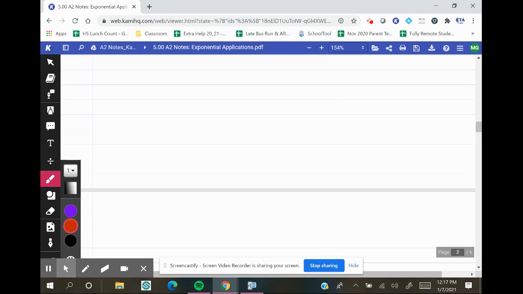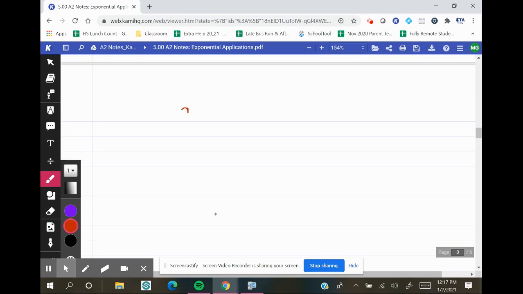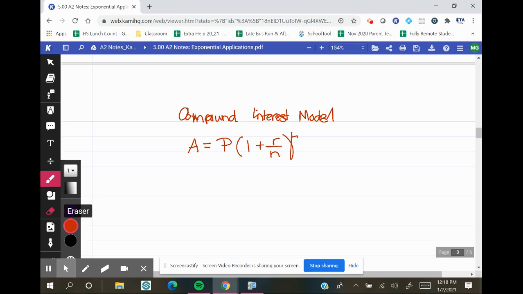All right, the next one is compound interest. These ones will be a little bit new for you. So this formula is a much harder one to memorize, but you do need to have it memorized. So A equals P times 1 plus r over n, raised to the nt.